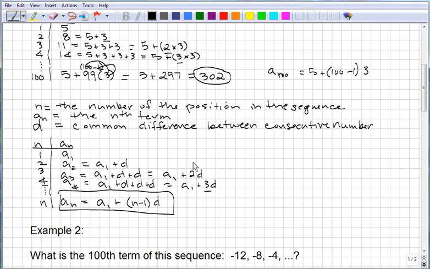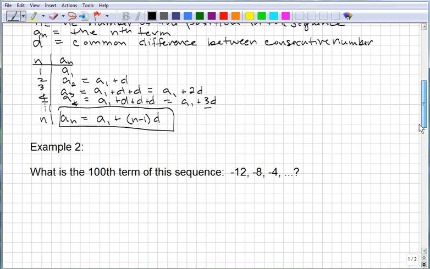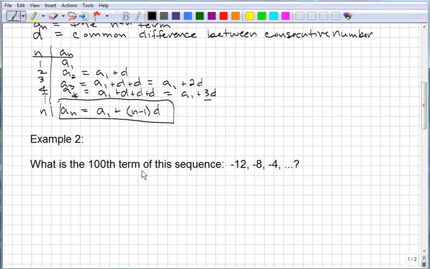And you really don't have to memorize this formula. You can reason it out, because if you have an arithmetic sequence, you're just adding d each time. It's important to understand what you're doing in order to remember, I find. So make sure you understand it first. And then after you apply this a number of times, you're going to remember the formula.